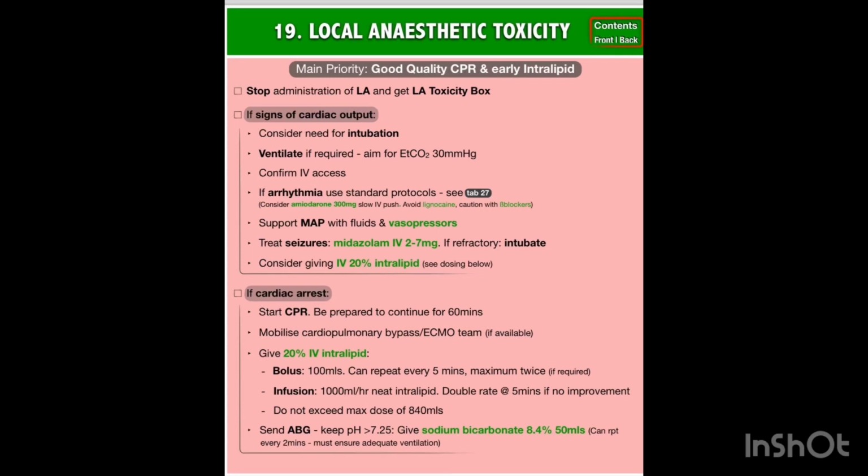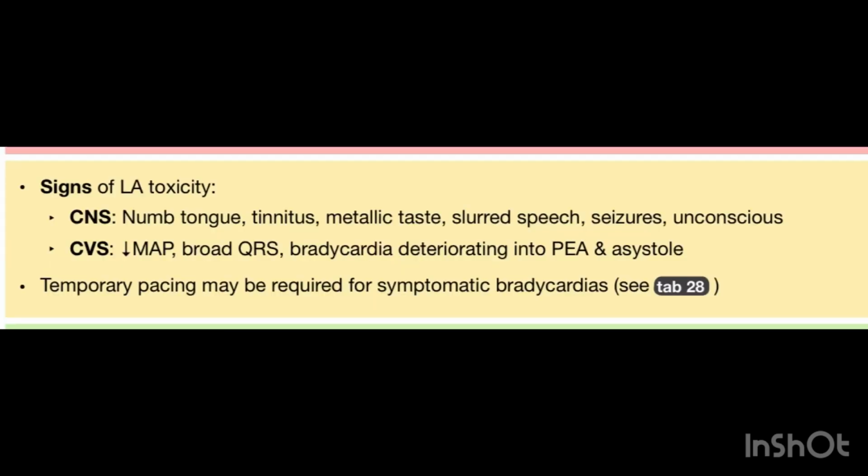Now for the further signs and symptoms of local anesthetic toxicity, so you can recognize them when you come up with a case like it. First we look at the central nervous system.